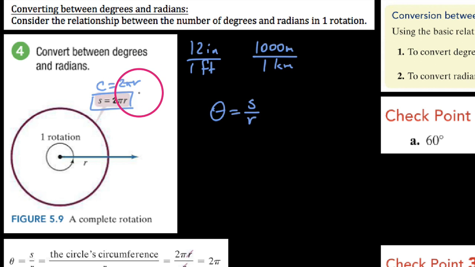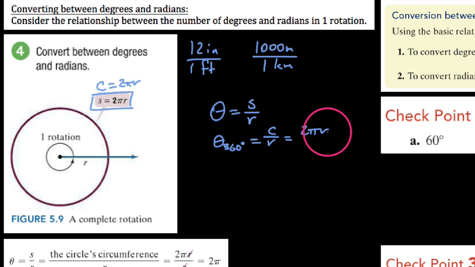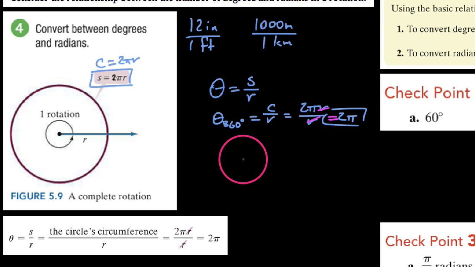What this really means is that we can find the number of radians in a 360 degree rotation by taking the circumference and dividing by the radius. That is, we take 2 pi r and divide by the radius. The radius cancels out, and guess what? We get this. So here's what we want to admit: the angle theta for a full rotation is equal to 2 pi.